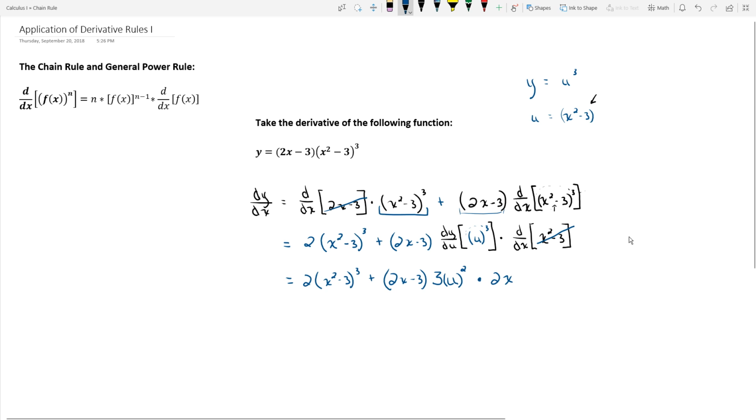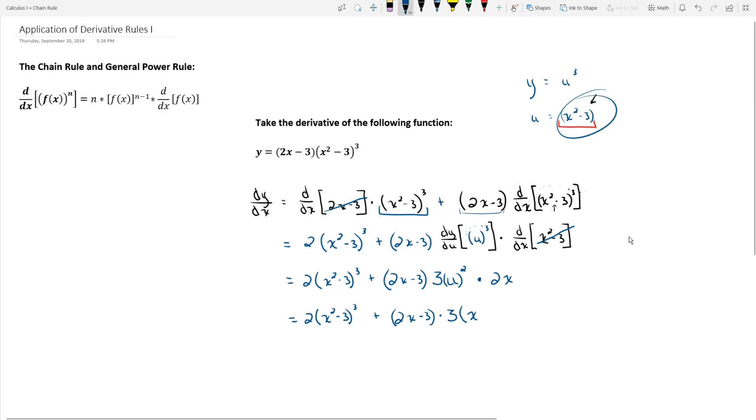And now I'm going to substitute. So for this u right here, I'm going to substitute that term back in. So we end up with 2x squared minus 3 to the third plus 2x minus 3 multiplied by 3, and I'm going to substitute the u.